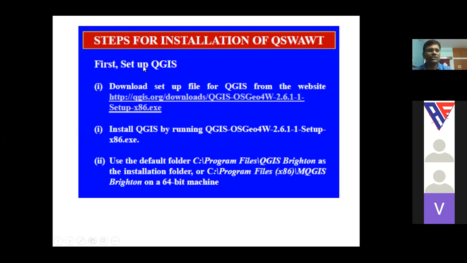First of all, we need to install the QGIS software. You can download QGIS from this website. There are many versions. It depends on your computer's compatibility as well as which one you need to use. So you can install the QGIS software.